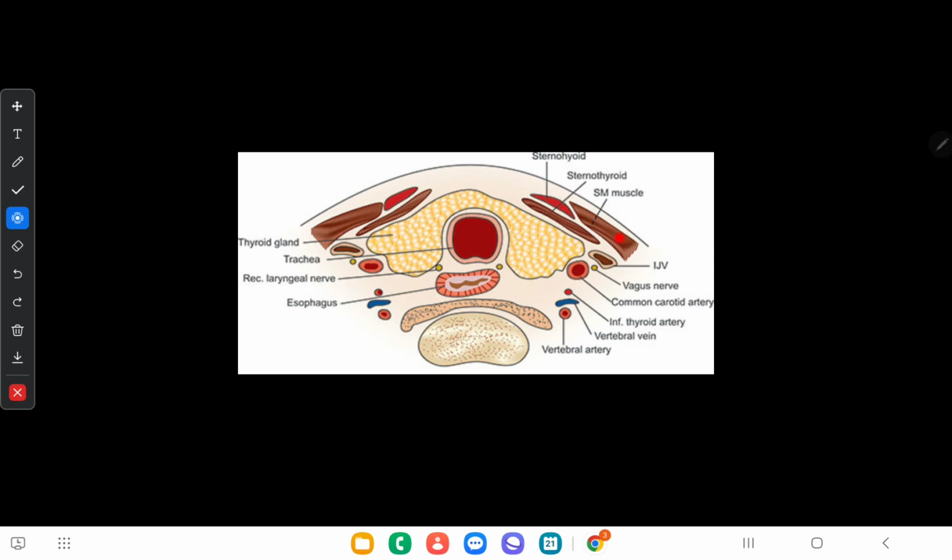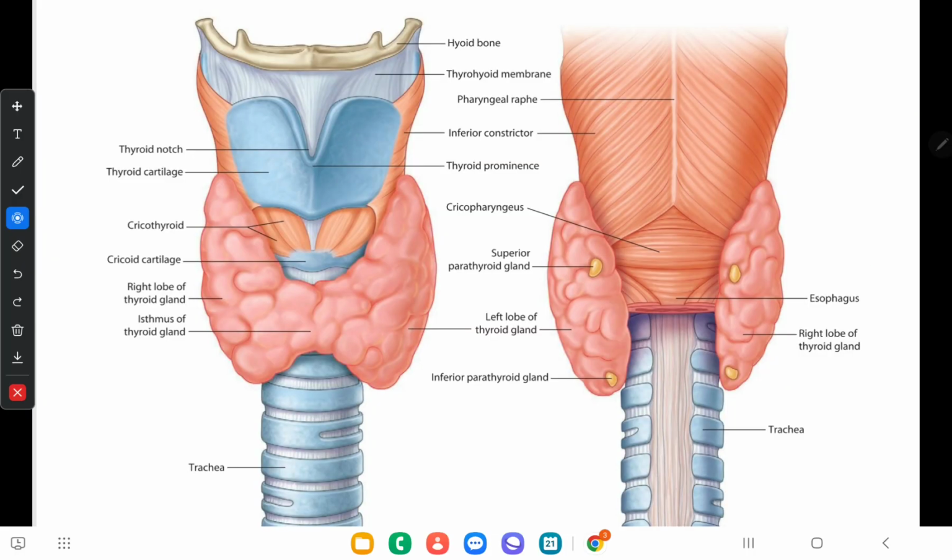Then in the relations of the medial surface, the superior part of the medial surface is related to the larynx and pharynx. From this picture also you can see very clearly the superior part of the medial surface is related to the larynx and pharynx and to the inferior constrictor muscle. This is the inferior constrictor muscle.